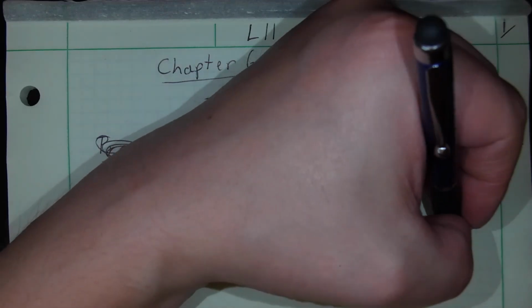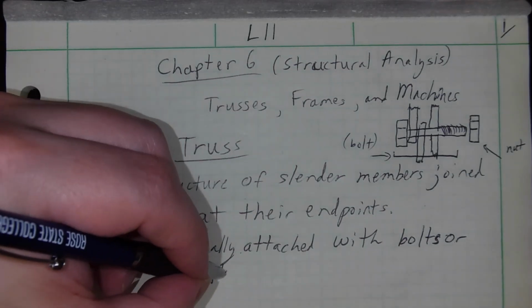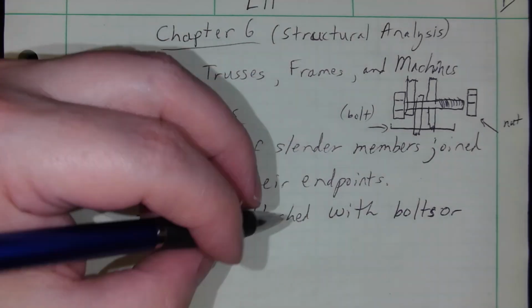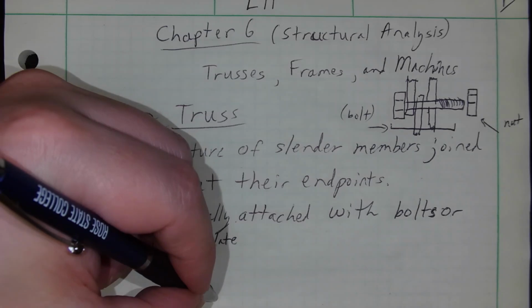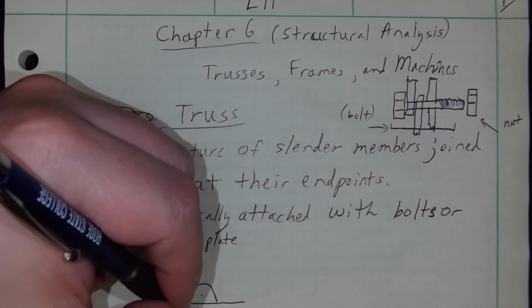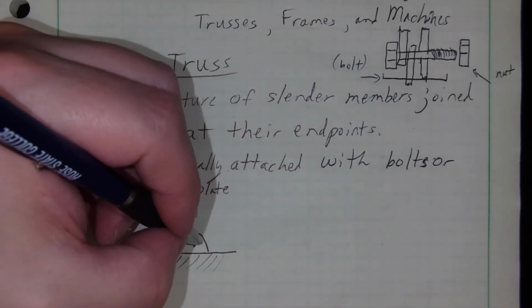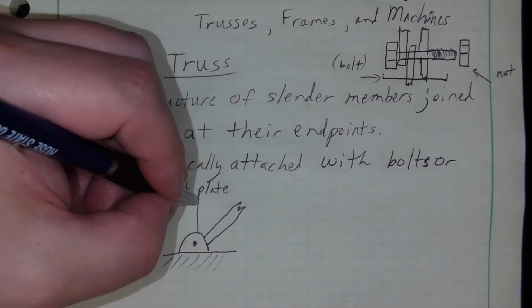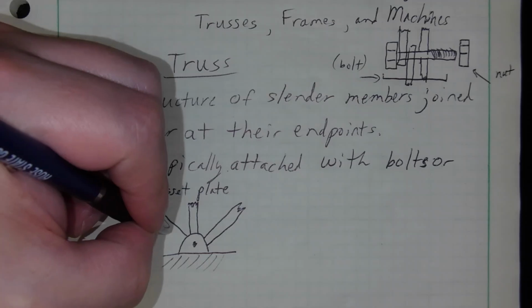Might be attached with bolts, or what we call a gusset plate. A gusset plate would be, where I might have what we would normally draw as a pin. This would be an example of something where these members would be attached at a common point.